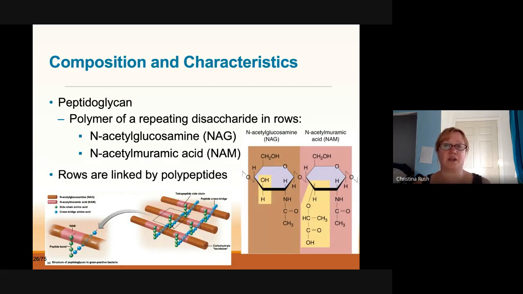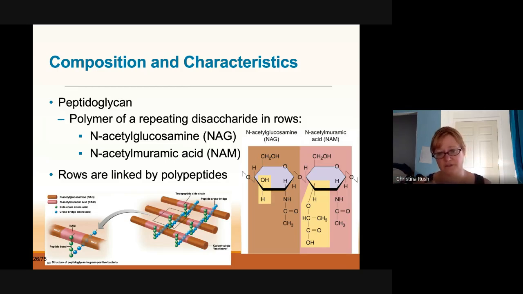So, composition and characteristics. Here we go with the peptidoglycan. Peptidoglycan is a polymer of a repeating disaccharide in rows. This disaccharide is made up of NAGs and NAMs, N-acetylglucosamine and N-acetylmuramic acid. We have these two, and there's the chemical structures over there, linked together.